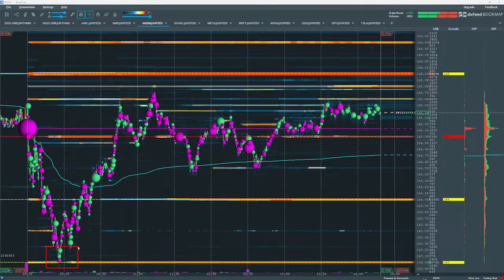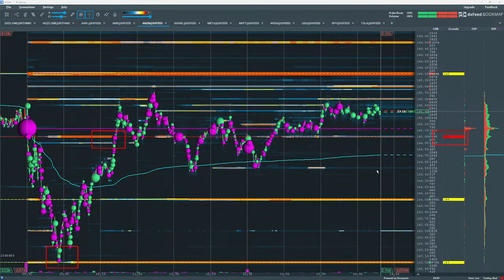Right at the 143 level and up to the 145, that's the call wall and the key gamma strike. Also liquidity, limit sell orders at that level, acting as a magnet for price. And it looks like price has consolidated up and down around the 145 call wall key gamma strike level.